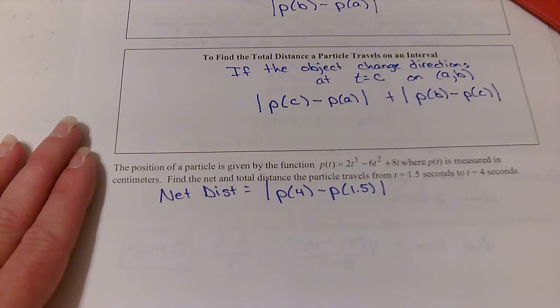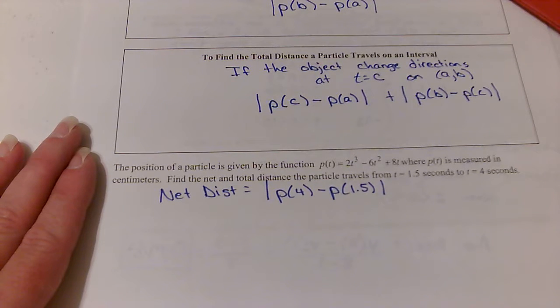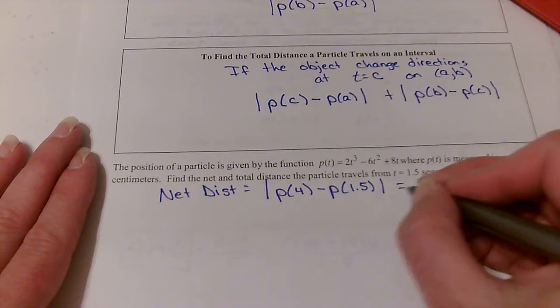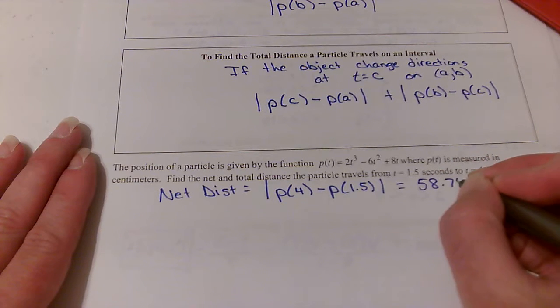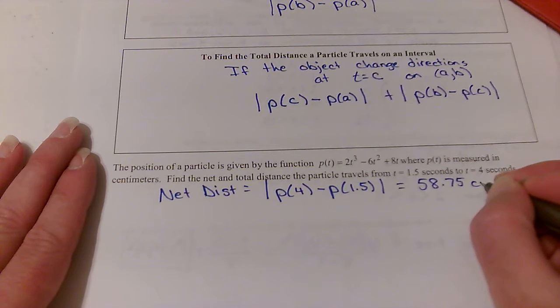So I'm going to go to my calculator and type in that function. Plus 8t. And I want to evaluate it at 4 minus the function evaluated at 1.5. And I get 58.75 centimeters.